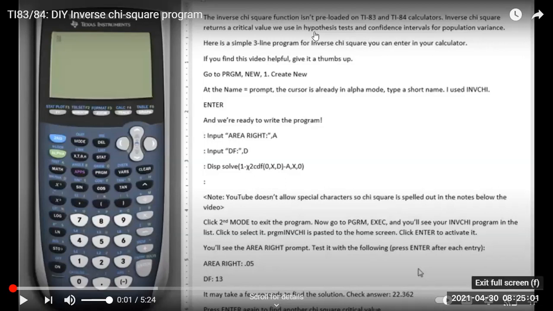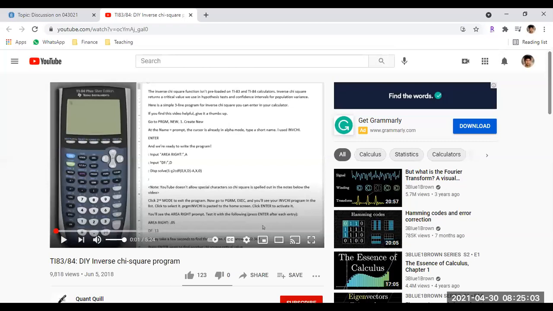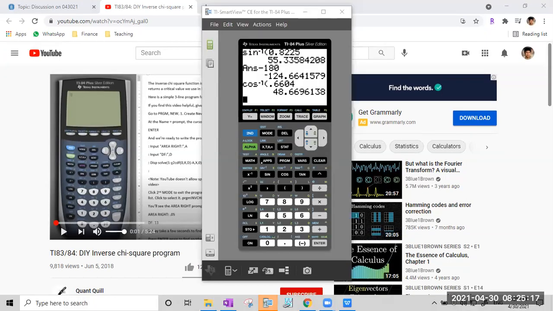Let me show you mine, how to check if you already have that. On my calculator here, you will see that I already have it.